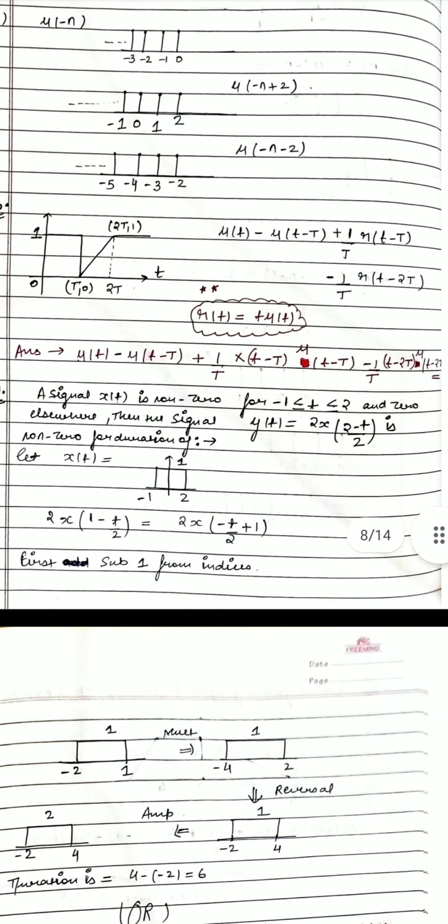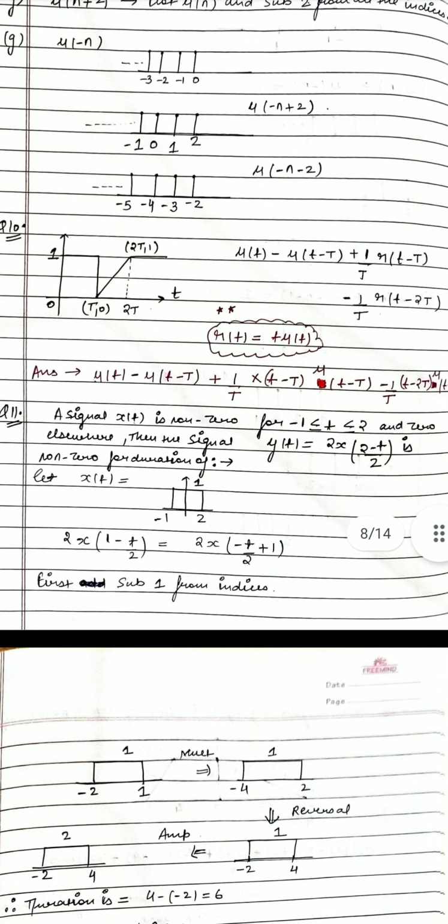Now for u of t, we have to write the value of this graph. So u of t minus u of t minus T plus r of t minus T, because the slope is 1 by T, plus 1 by T r of t minus T, because here the slope is 1 by T. Now to have the constant slope, or to have the slope as 0, subtract the same slope at r of t minus 2T.